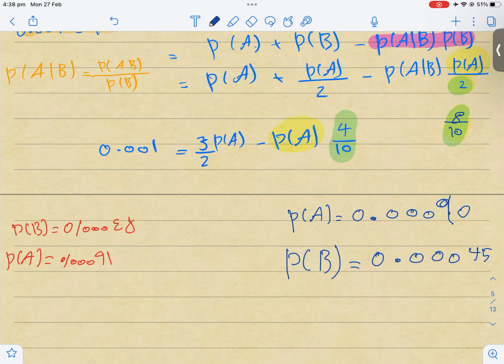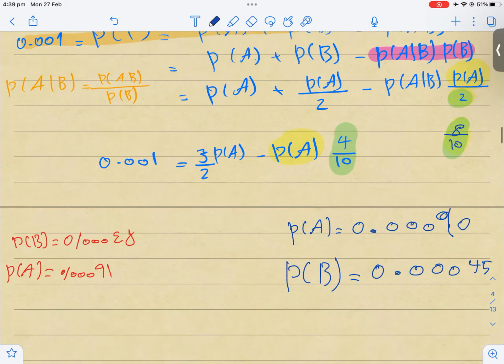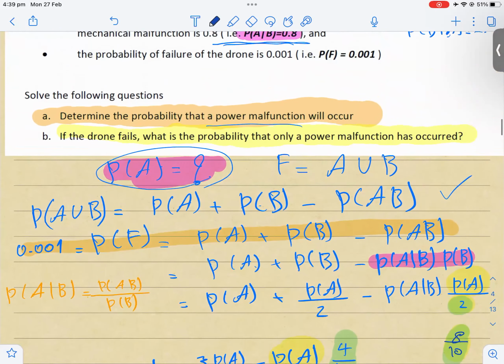Probability of B is the probability of the mechanical problem. As I said, according to the condition of the question, it's half of the probability of the power malfunction. As a result, what I get for probability of A, I halve it and assign it to the probability of B. So is there any question about part A?